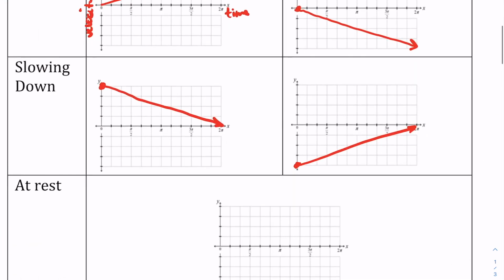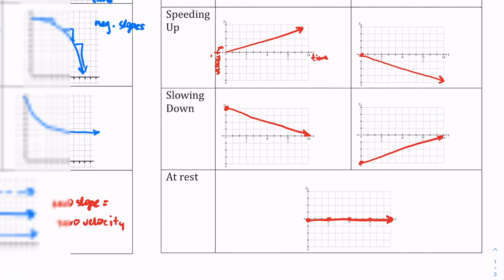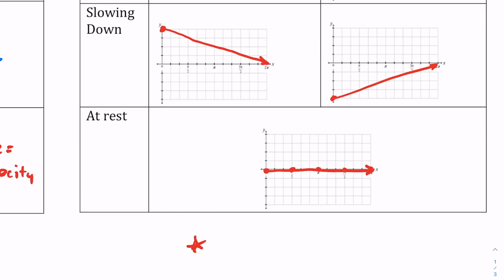If you are at rest, then your velocity is zero the whole time. So the big idea here is that the slope has a new meaning. The slope now means your acceleration.